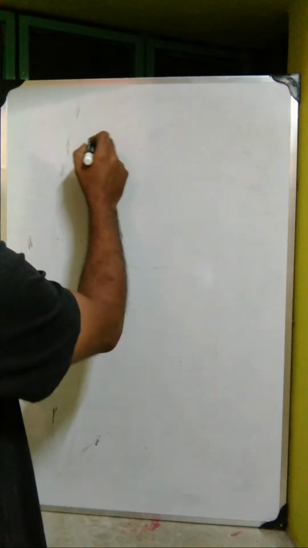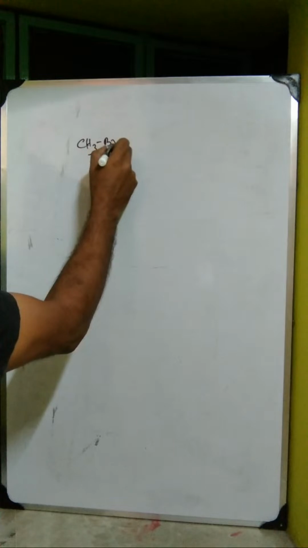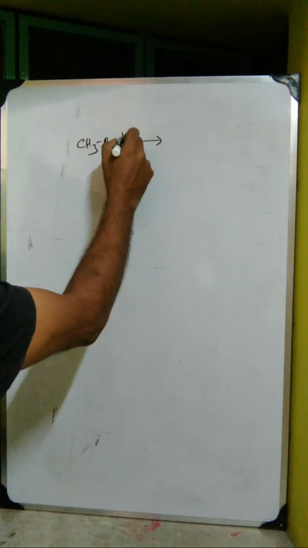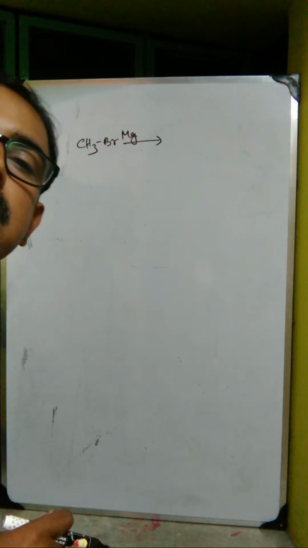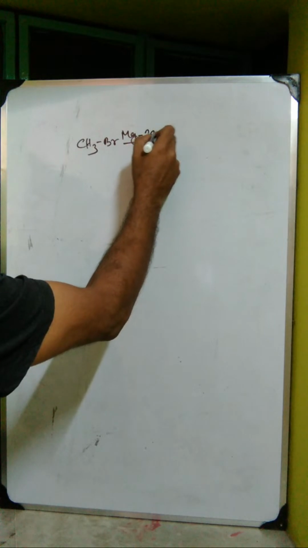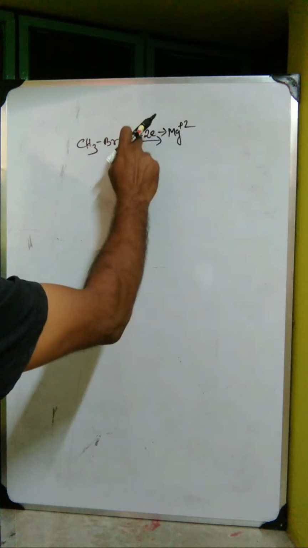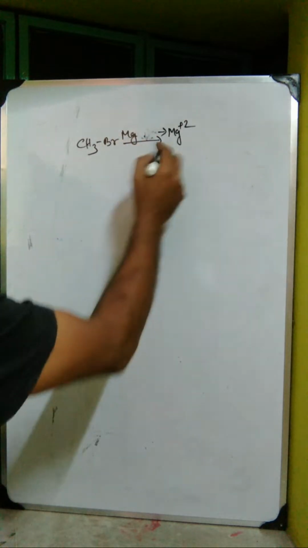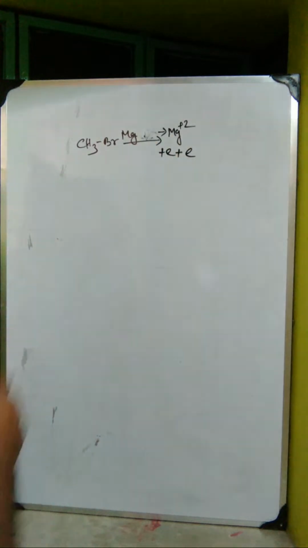So when methyl chloride or methyl bromide is treated with magnesium, magnesium being electropositive will lose 2 electrons to form Mg plus 2 ion.